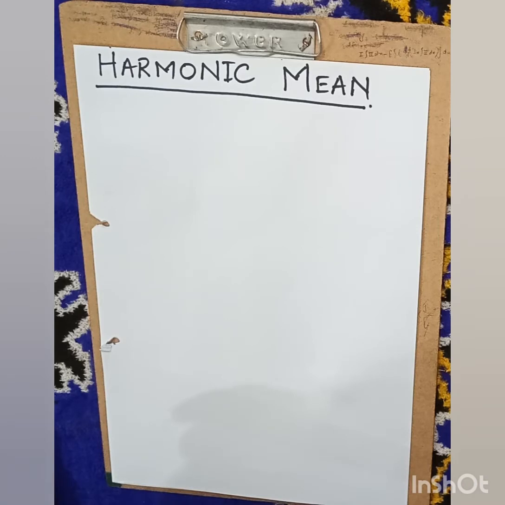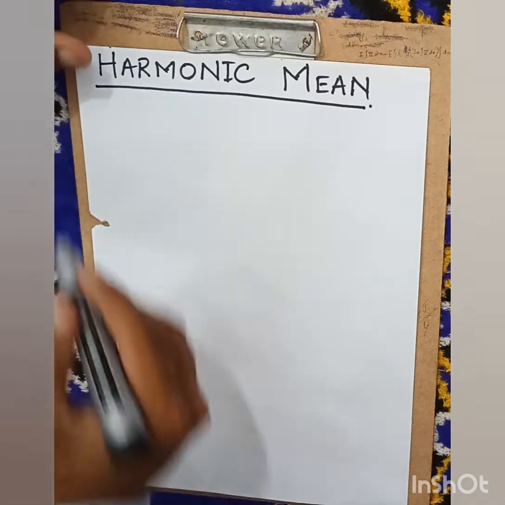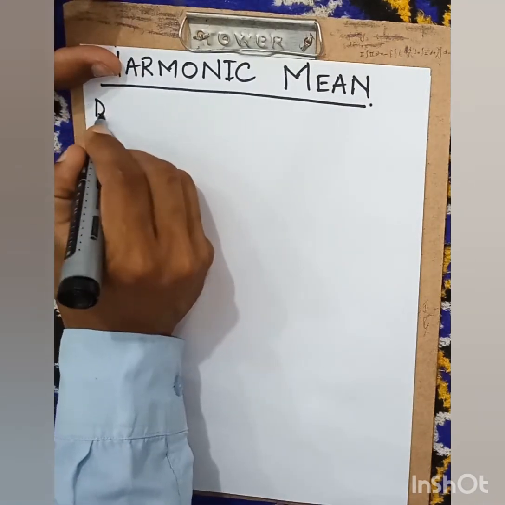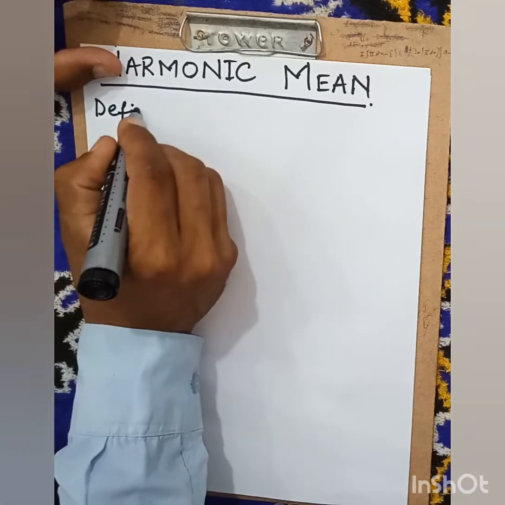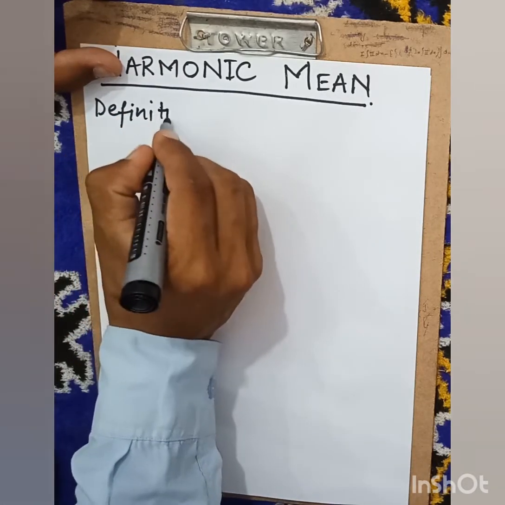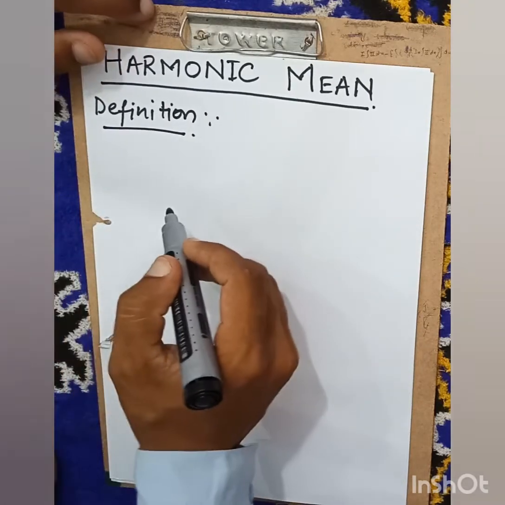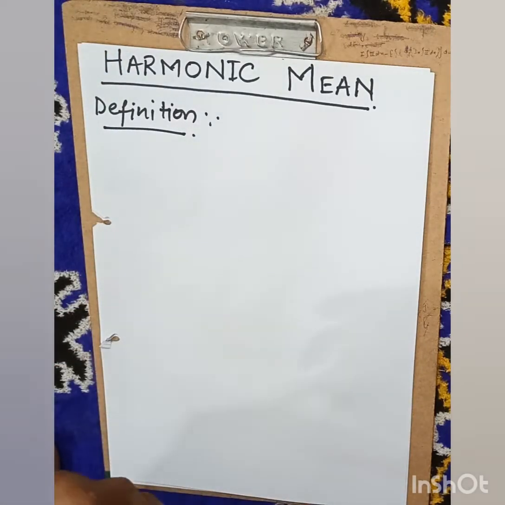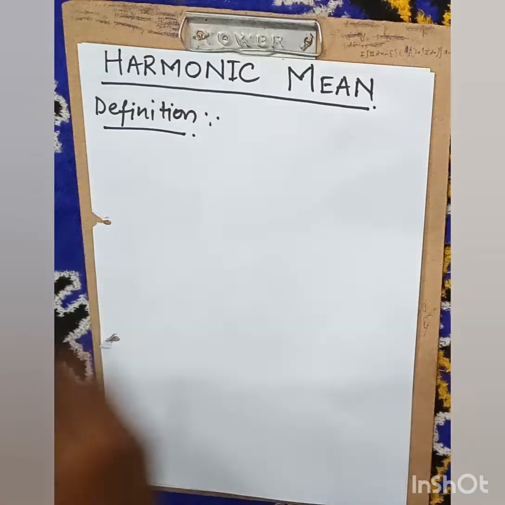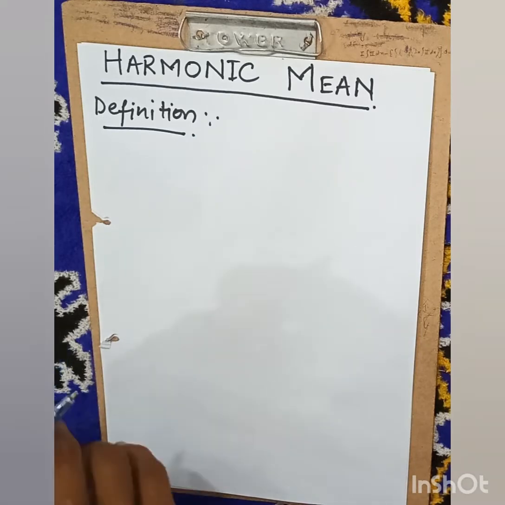So let's start from its definition. First of all, we will define harmonic mean, and then we will take a simple example so we can easily know what harmonic mean is.